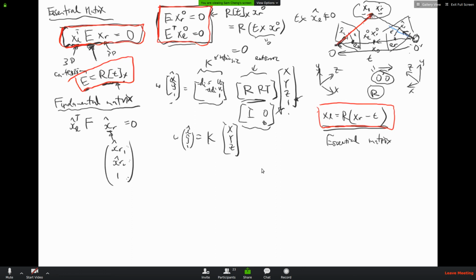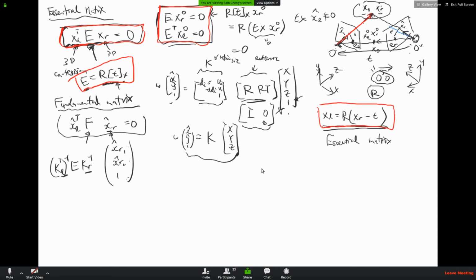With this, you see that I can very easily show that if I choose my fundamental matrix to be E times, let's say, KL inverse on the right hand side and KL transpose inverse on the left hand side, I will be able to easily show that this property that I want will be satisfied. Here KR and KL are basically the intrinsic camera matrices for the right camera and the left camera.